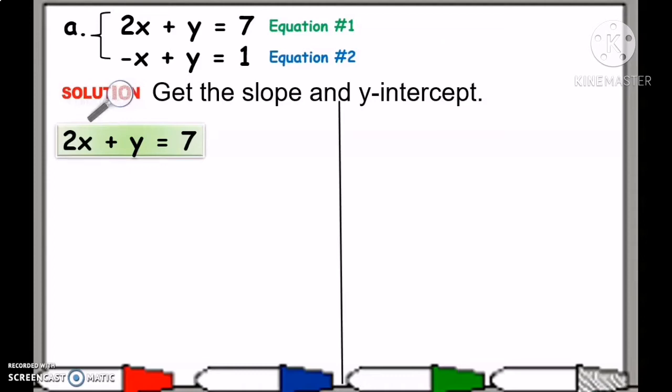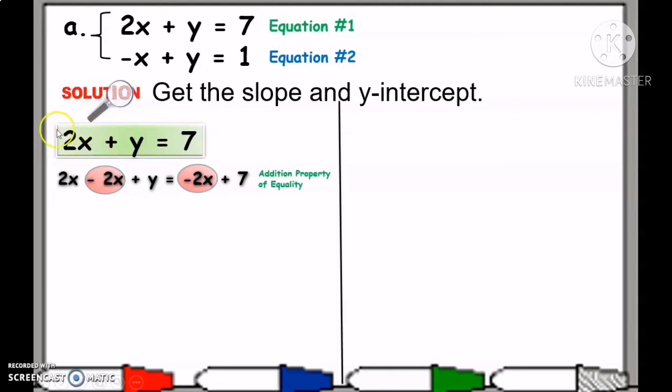So, ito po ay 2x plus y equals 7. So, para makuha natin ang slope and y-intercept, i-rewrite po natin ang equation into y is equal to mx plus b. So, ito po ay gagamitan natin ng addition property of equality. Kung saan, we're going to take the opposite sign of positive 2x.